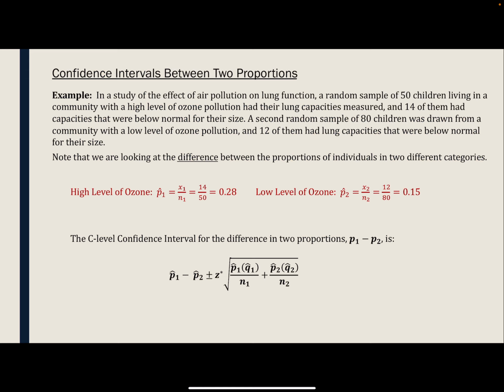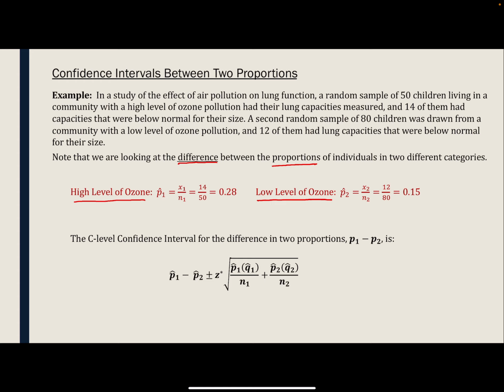So first I want you to notice that when we do these calculations, we're looking at the difference between these 2 proportions. And difference in mathematics means we're subtracting. I also want you to see that the proportions that we're looking at come from 2 different groups or 2 different populations. So we have one population of children living where there are high levels of ozone and another population of children living where there are low levels of ozone.